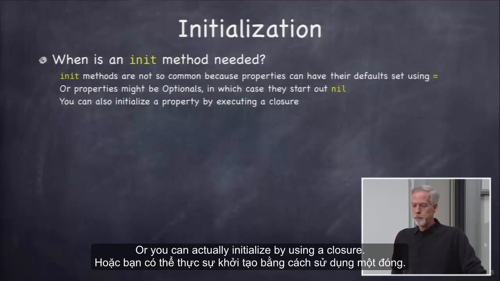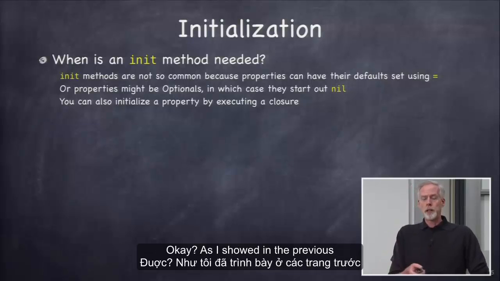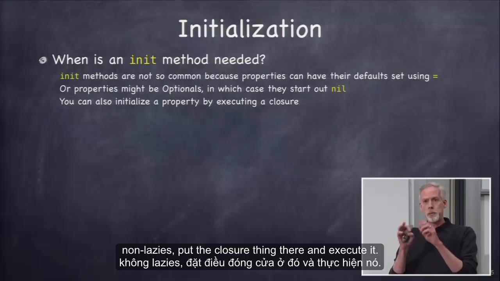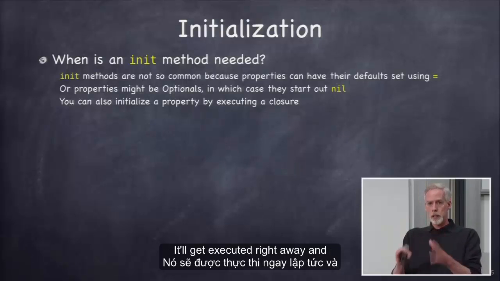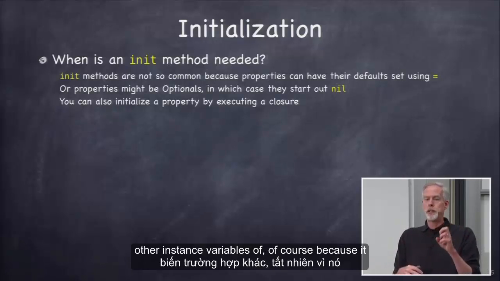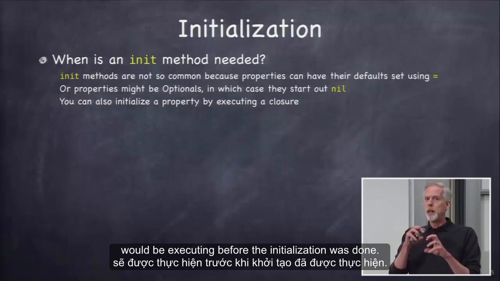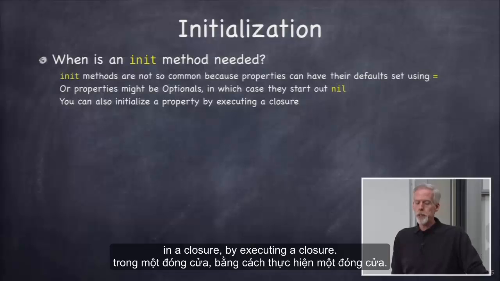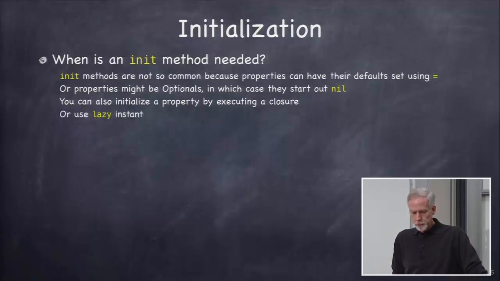Or you can initialize by using a closure. As I showed with that lazy thing, you can do that for non-lazies: put the closure there and execute it. It'll get executed right away, and nothing inside that closure can refer to any other instance variables, of course, because it would be executing before the initialization was done, but still, you can calculate some things to assign in a closure by executing it.